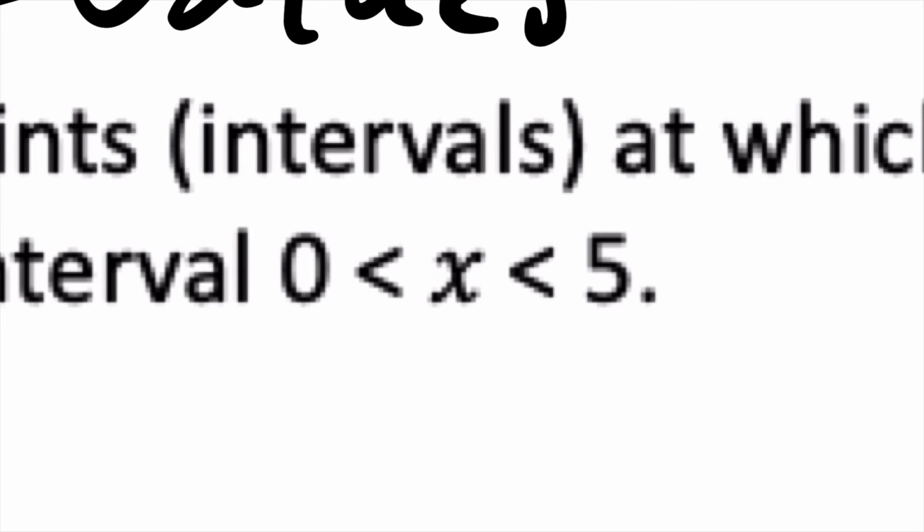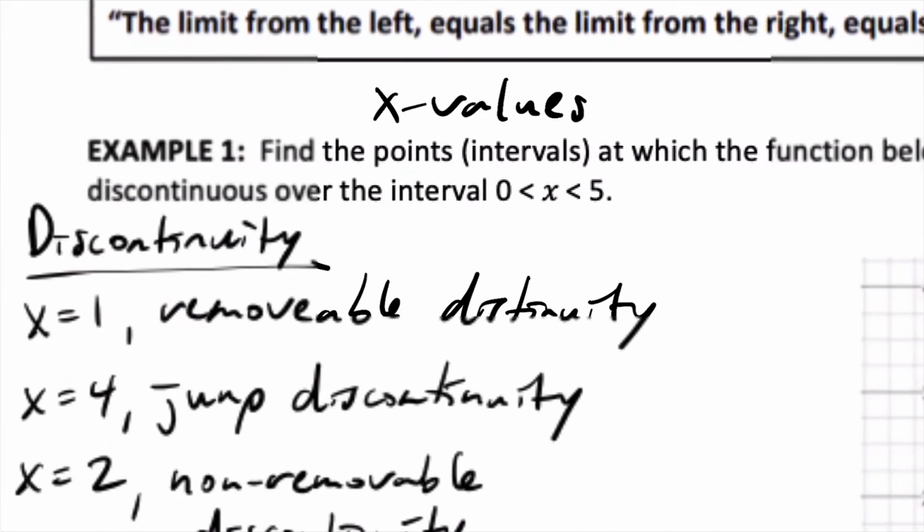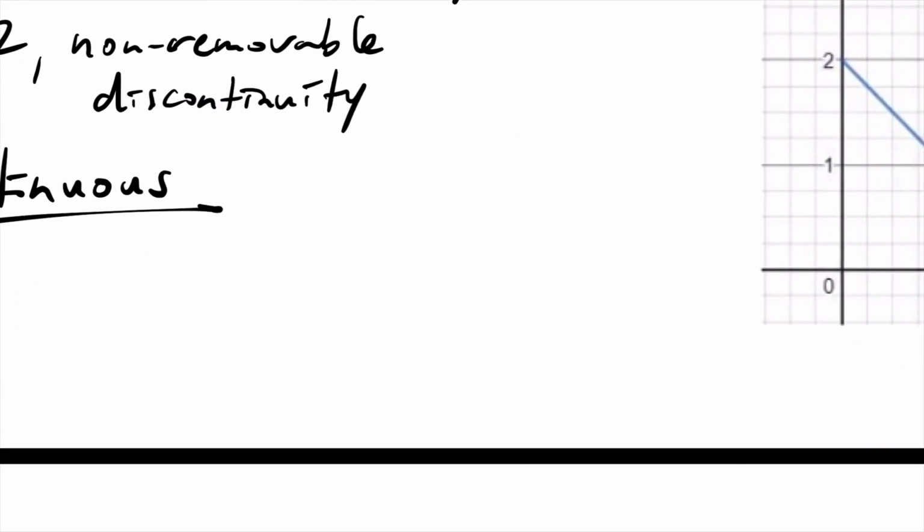Period 1 starts at 8:30, goes to 9:26. So at 8:31, are you in class? Yes. 8:32, are you in period 1? 8:33, 8:34. We could do that all day, right? Or we could just say, from 8:30 to 9:26 they're in period 1. That's an interval. We use intervals instead.